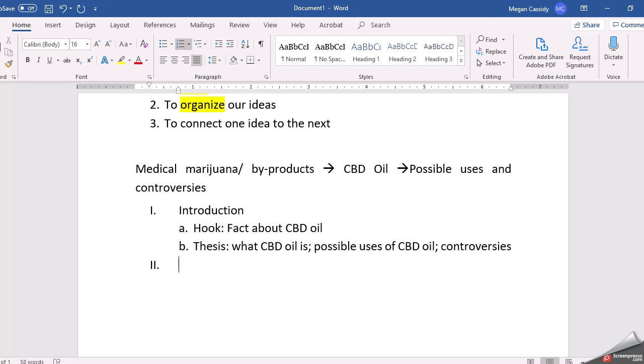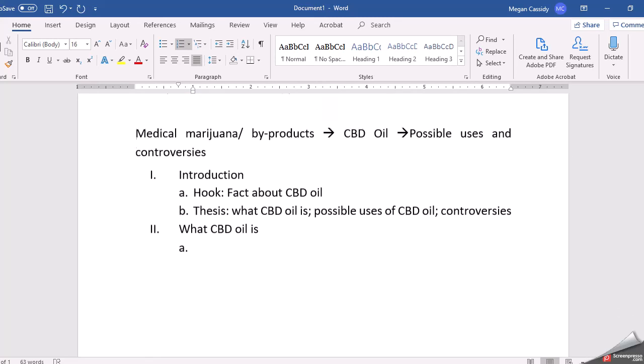Okay. So my first part in the body, I'm just here going to talk about what CBD oil is. Okay. So then I'm going to give a lot of detailed information so that I can write my paragraph quite easily.